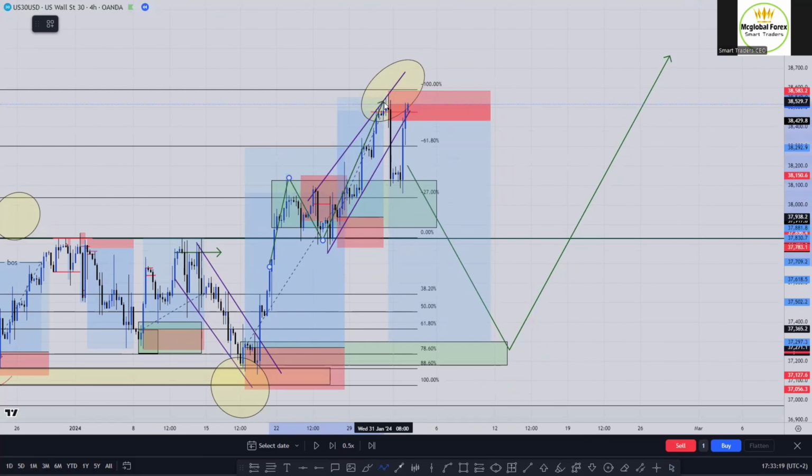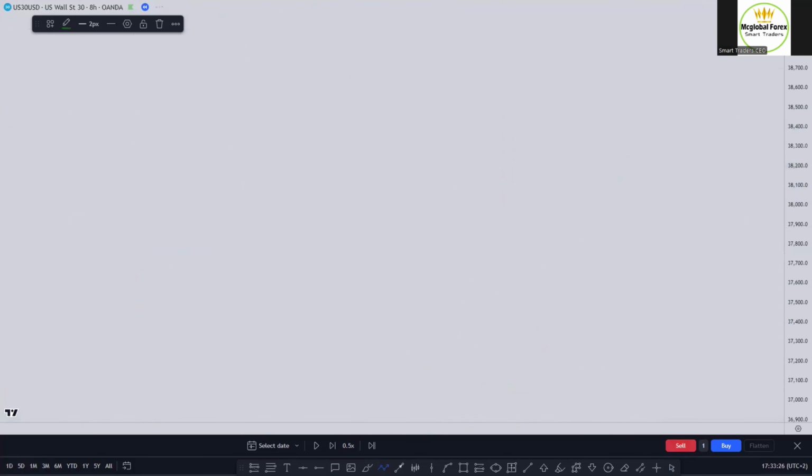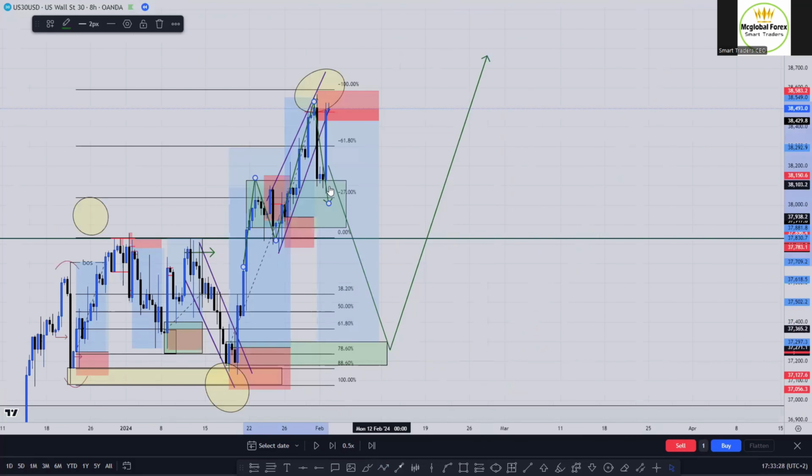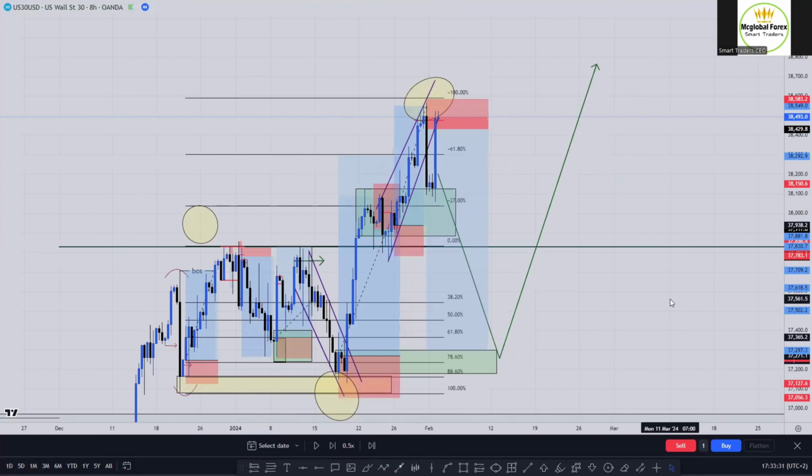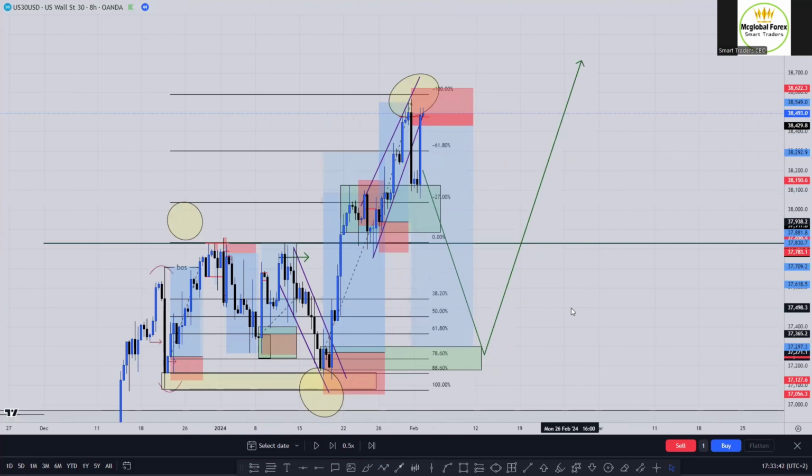Even if you go to 8 hour, you can also see that there's still a slight restriction of structure from keeping on going down, or even going to the upside. So it is at points like this where your decision-making process should be very sharp.